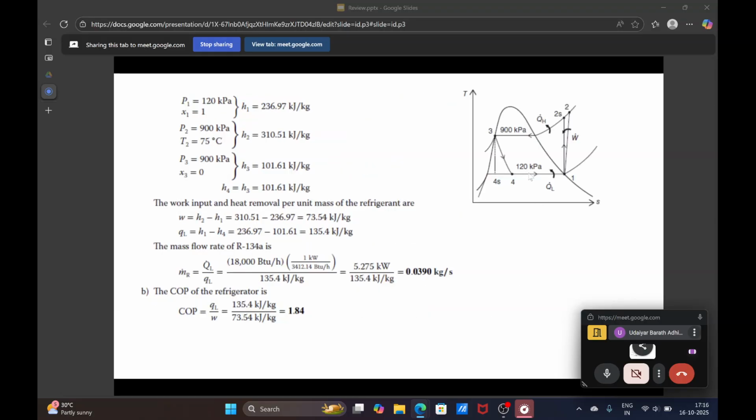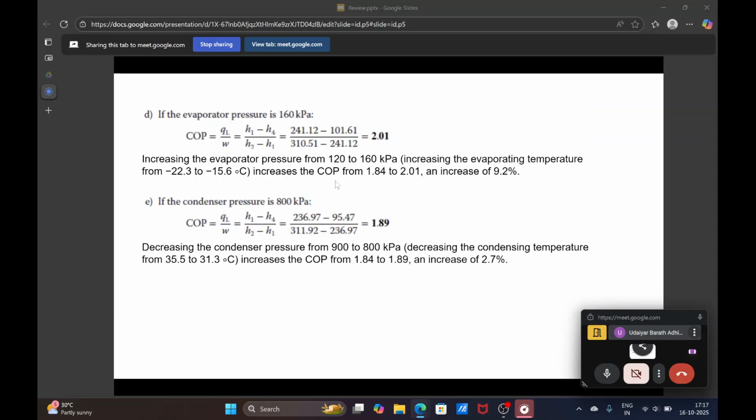You are just moving this 1 to 4 a little bit higher. State point 2 remains the same because it is already given, 900 kilopascal and 75 degrees Celsius, and 3 also remains the same, which is the saturated liquid condition. So the only enthalpy term which is getting changed is H1. H4 equals H3, so that will remain the same.